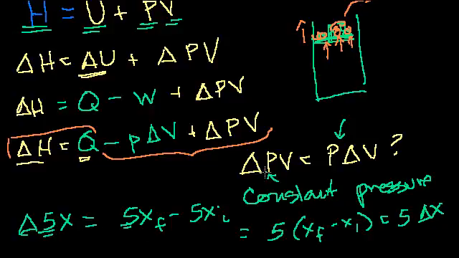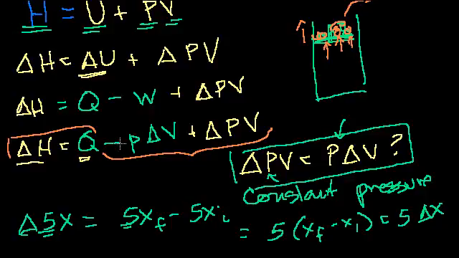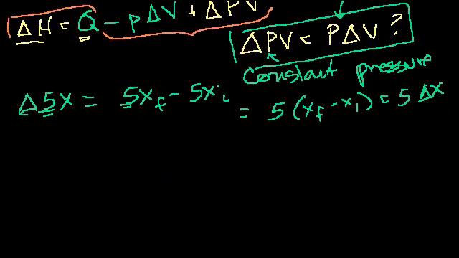So if pressure is constant, then this equation is true. This is a key assumption. If heat is being applied in a constant pressure system, we could write it this way. I'll write it multiple times because this is key.